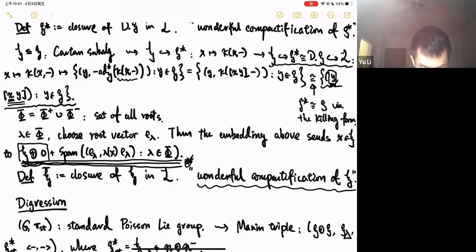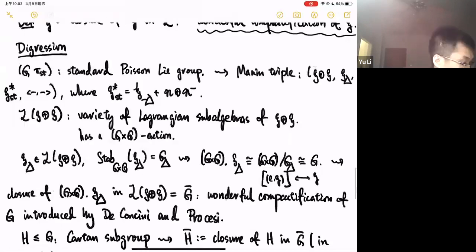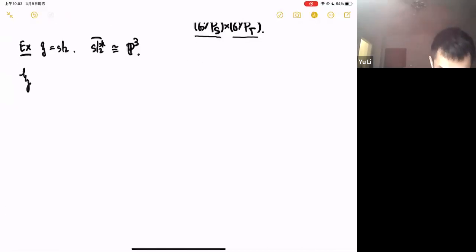The only thing that depends on x is lambda of x, which is a coefficient of the second component. So this tells me that the embedding of H into L factors through the following map. I send H to C to the V plus.